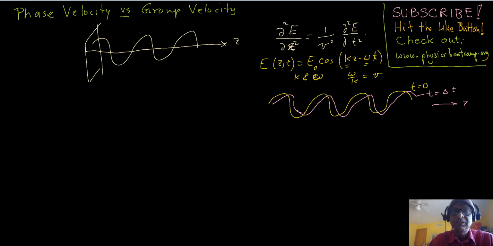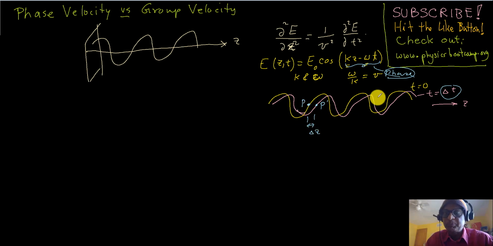If you look at this point and the corresponding point over here, this has moved delta z in time delta t. So this point P has moved to a point P prime. That's because this part is called the phase of this wave, and if you work it out, you will see delta z will be exactly equal to v delta t.